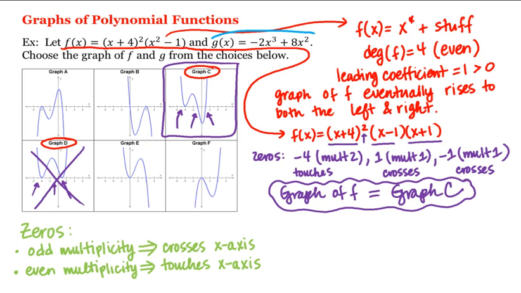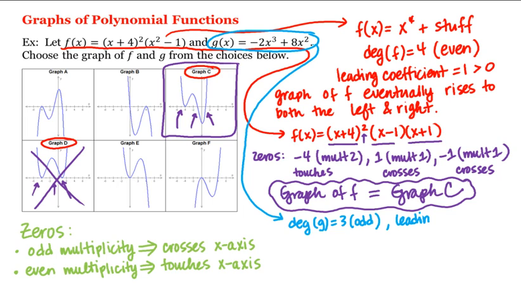All right, and what about g here? We see that the degree of g is 3, which is odd, and the leading coefficient is -2, which is less than 0, which means the graph of g will eventually rise to the left and fall to the right.